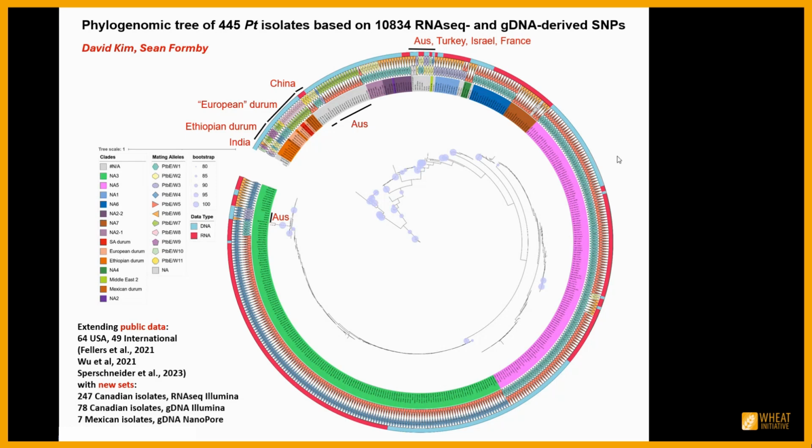So we have to be careful when you do phylogenetic analysis where you mix SNPs called from RNA sequences and DNA sequences. But we got a handle on that, and we are pretty confident that you can mix the isolates or the markers derived from the different sources if you do the proper filtering.